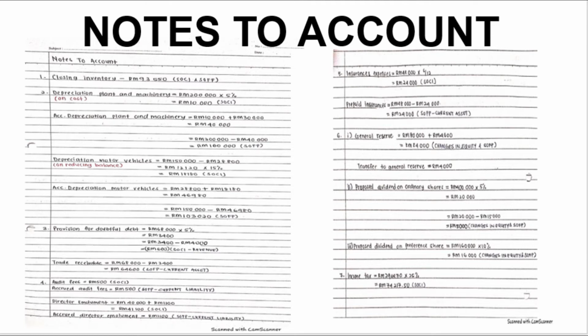For accrued director emolument, 1,000 is placed in current liability on the statement of financial position.